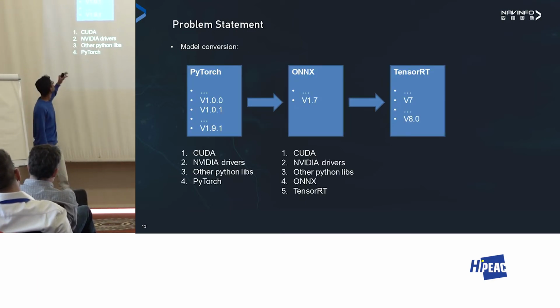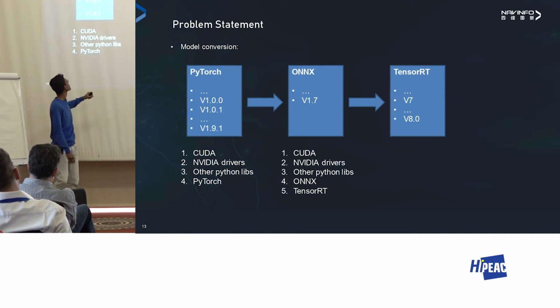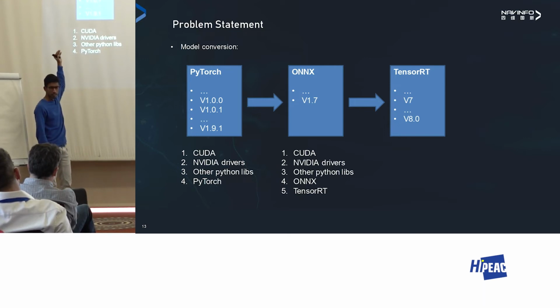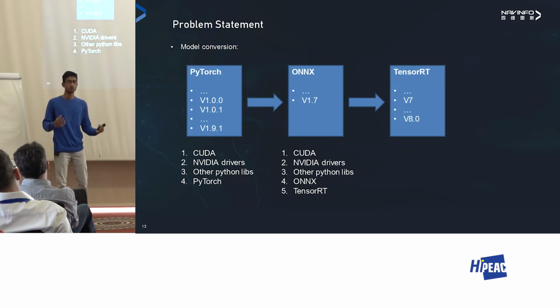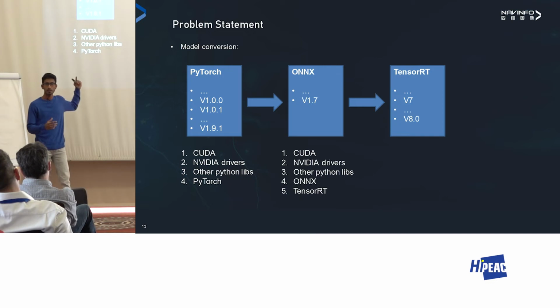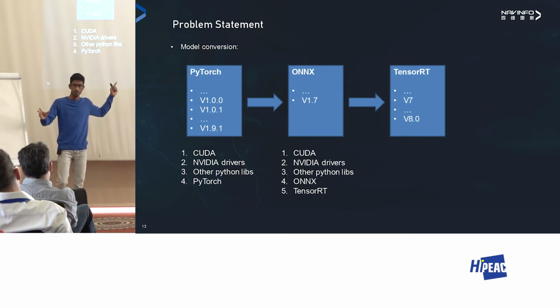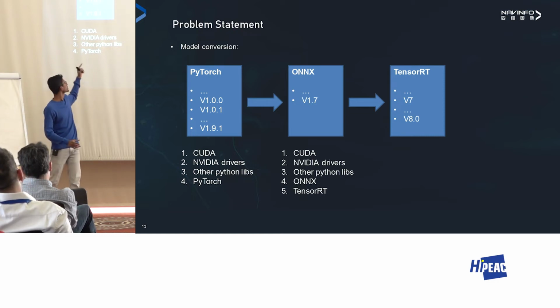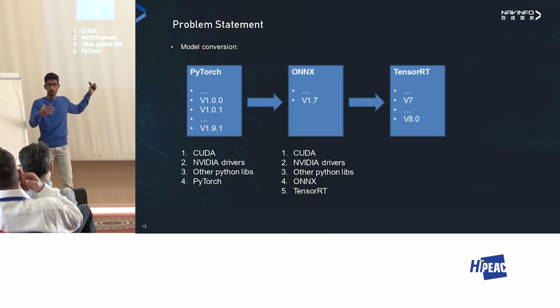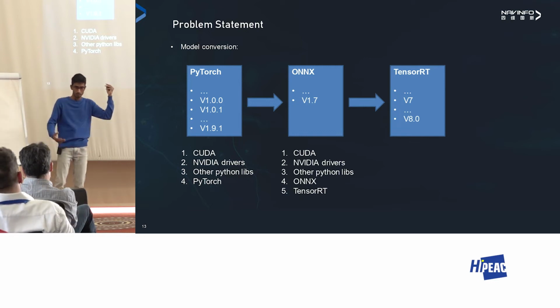Okay, now let's come to one core problem. For example, PyTorch had a lot of versions. Let's start from V1, until V9, maybe in a span of 3 years, a little more than that maybe. So in a span of 3 years, so many versions. What it means to us is, if I developed a particular model that's very good a year back, and now I try to convert it to an executable with PyTorch 1.9.